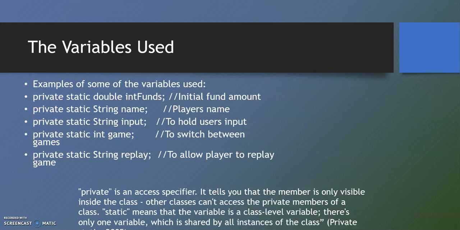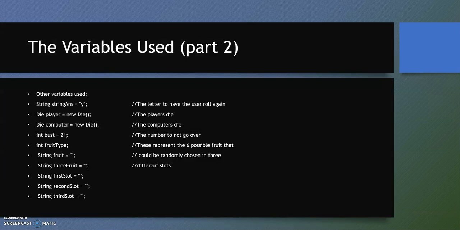So these were the ones that I wanted to make sure the whole code can come back to if they need it. For instance, replay was used in the display slots method and in the display blackjack method. Now these ones are a little bit more specific. Half of them are for the slots game and half of them are for the blackjack game, and we have them described a little bit.